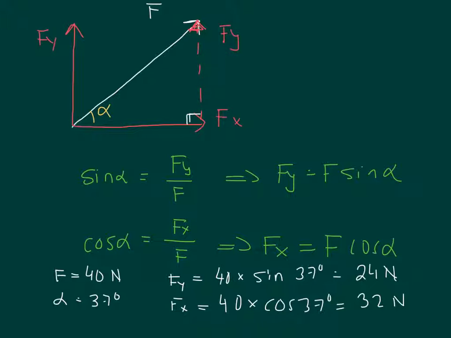So the effect of 40 newtons at an angle of 37 degrees to horizontal is that it's the same as pulling with 32 newtons to the right and 24 newtons up. That's what the result here is.